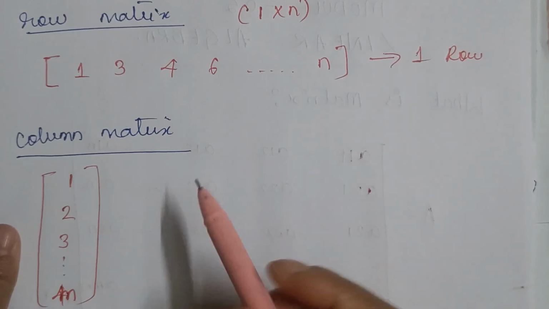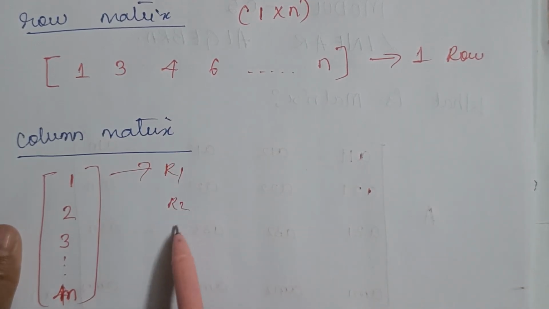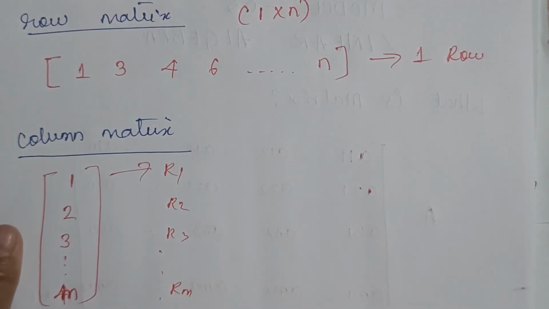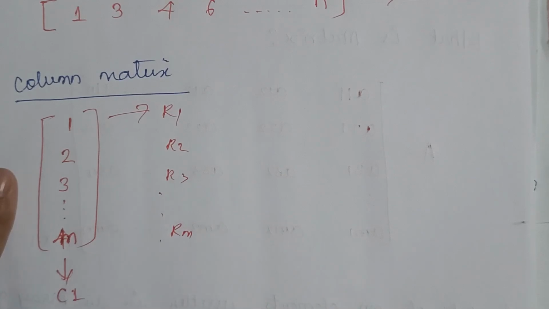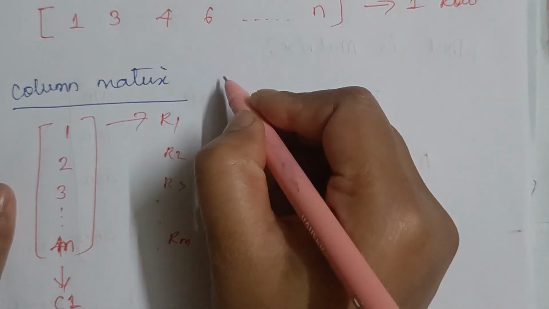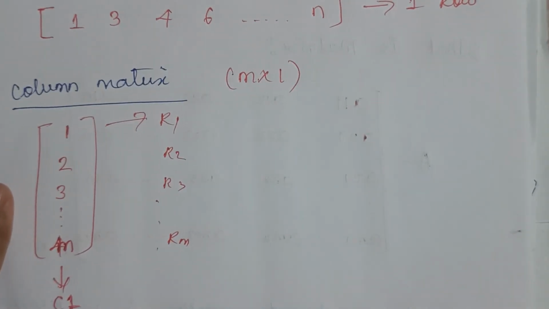So here I have row 1, row 2, row 3 and till row m, but I have only one column, C1. Hence the order of this is what? M cross 1. Correct? M cross 1. So hence this is our column matrix.